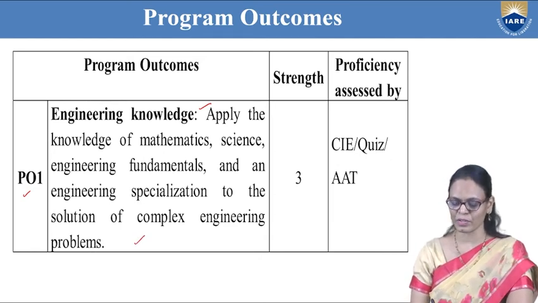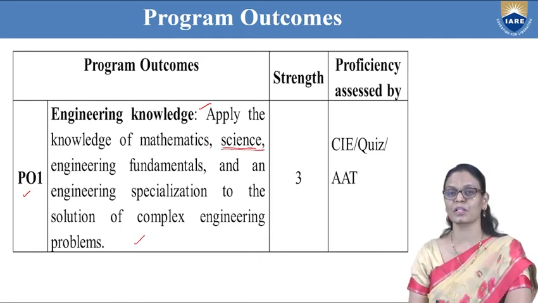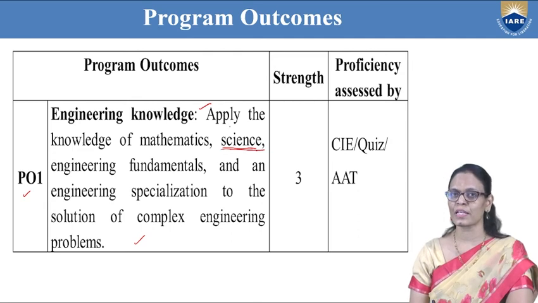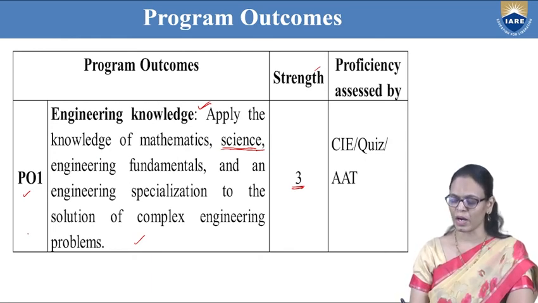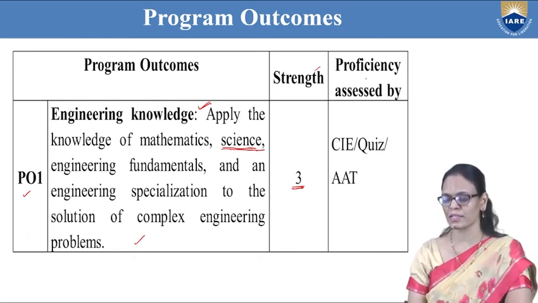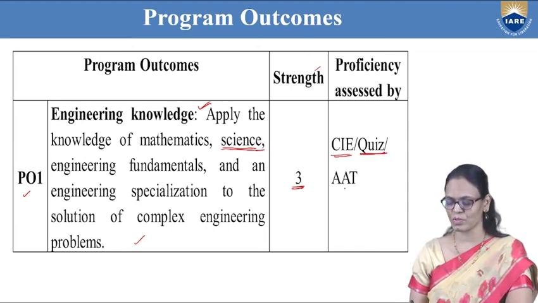Here we are seeing how this course can help them in attaining engineering knowledge. The strength here is 3. And the proficiency is assessed through continuous internal evaluations. We may have quizzes and also alternate assessment tools.